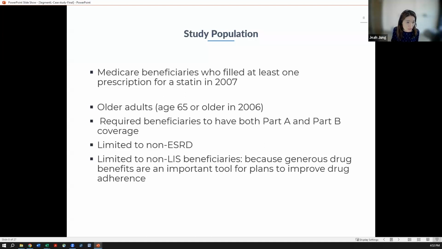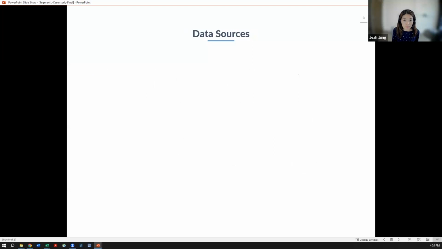Let's suppose all statins are in the preferred drug tier, so the copayment is only $2 or $3, then the MAPD enrollees are more likely to take statins. But if you include a low-income subsidy population, they have a similar level of very low copayment, whether you're in MAPDs or standalone PDPs. So for this study, we limited to non-LIS beneficiaries.